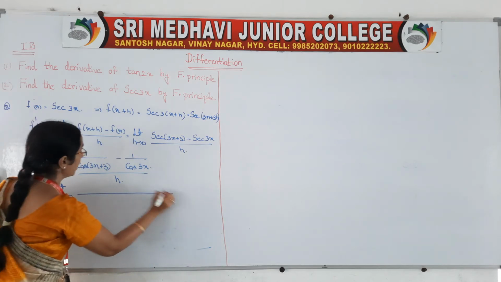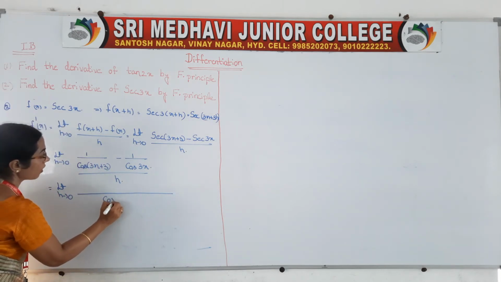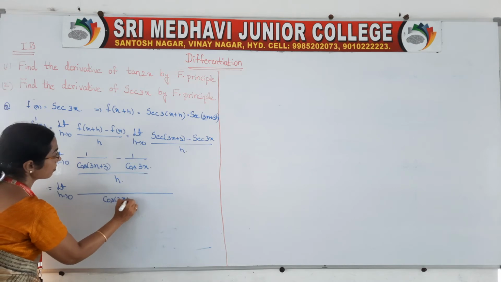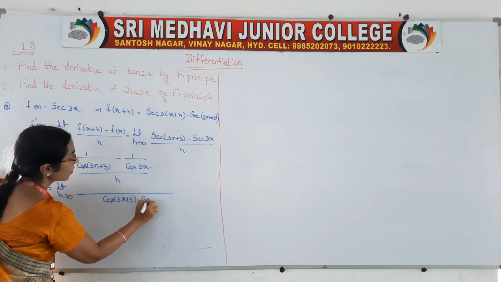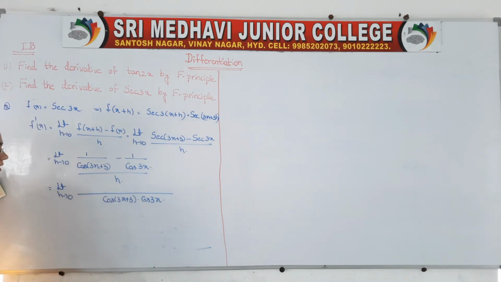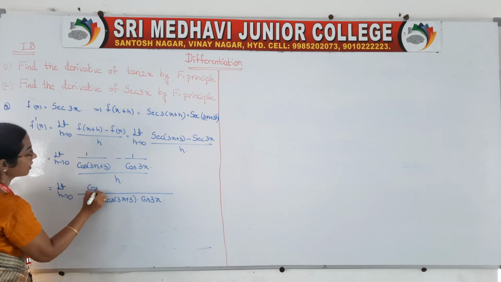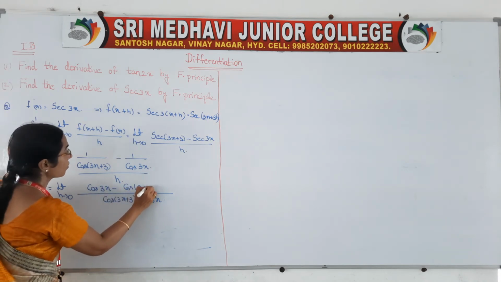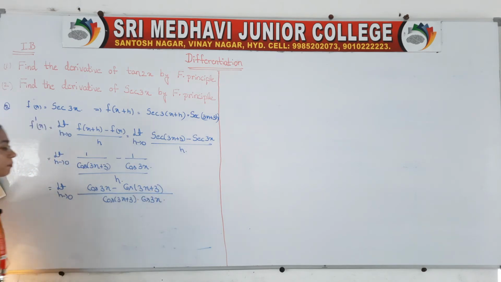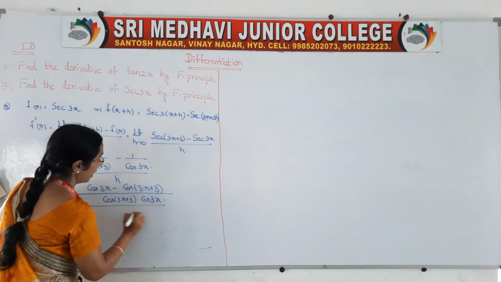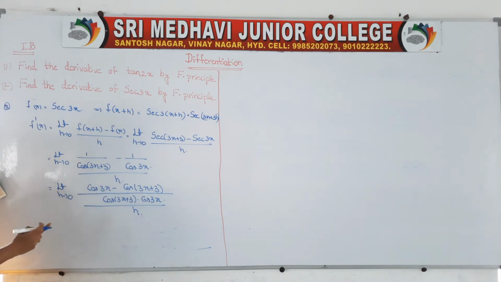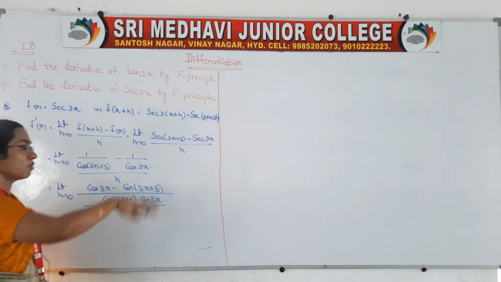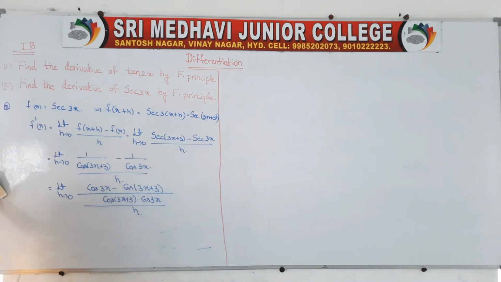If we take the LCM, what happens? Cos of 3x plus 3h into cos 3x is the LCM. Here you will get cos 3x minus cos of 3x plus 3h, right, by h. This h can be taken as h by 1. If you send it upwards, it will be reversed.